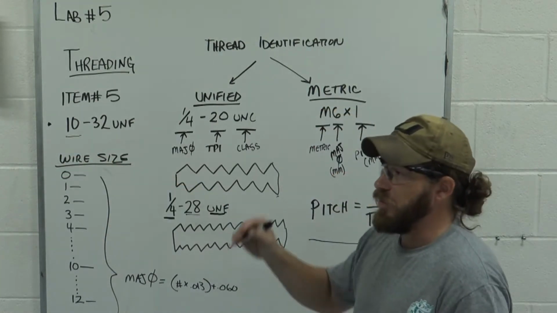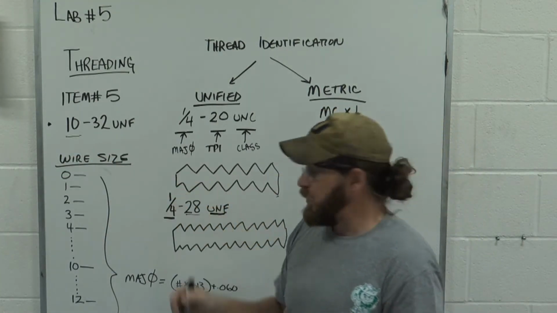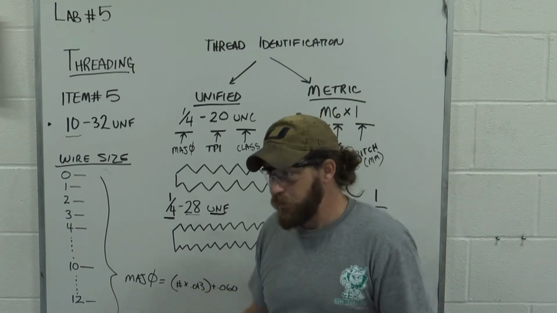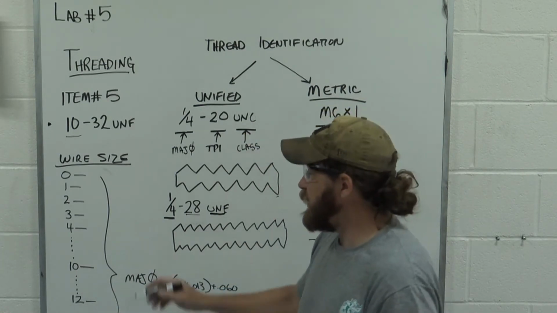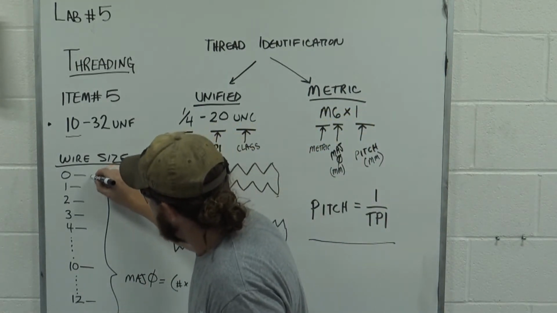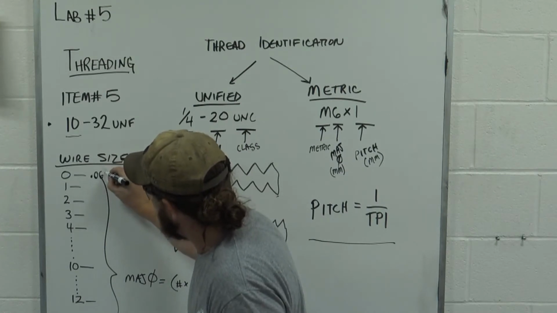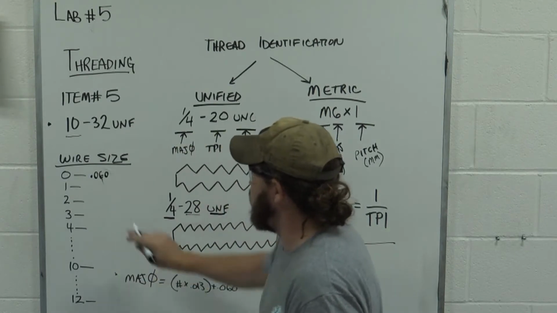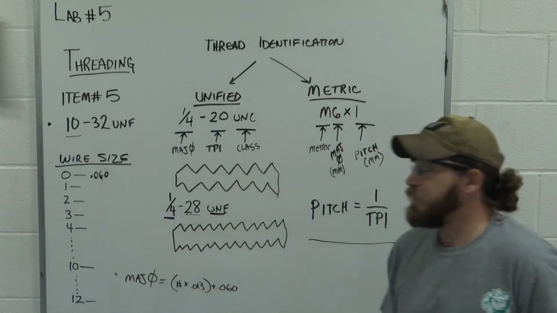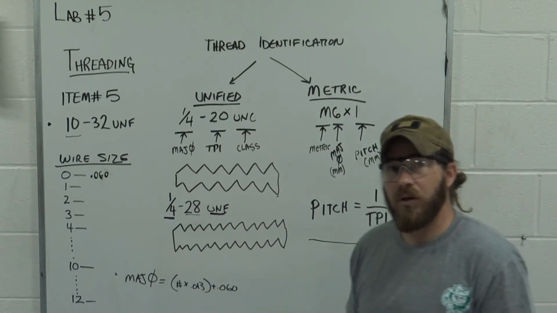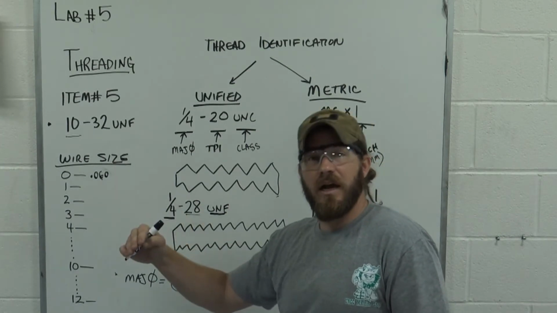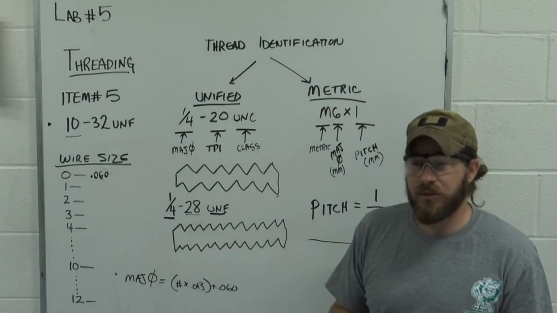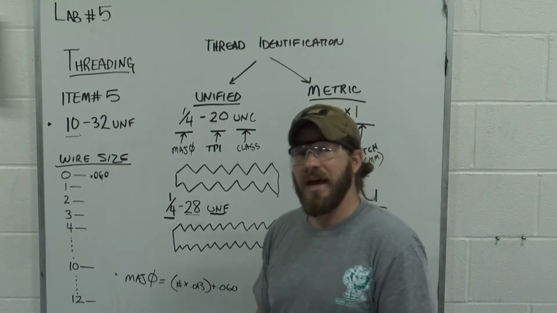So this scale goes from 0 to 12. A number 0 is 60 thousandths, and every time we add a number to that, we add 13 thousandths.